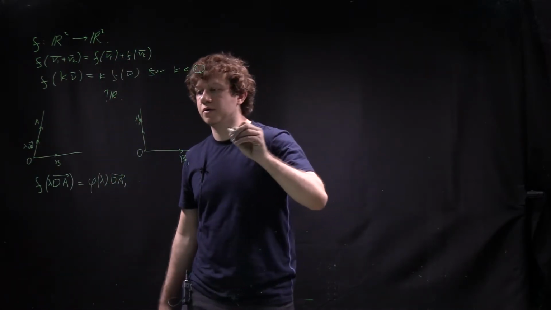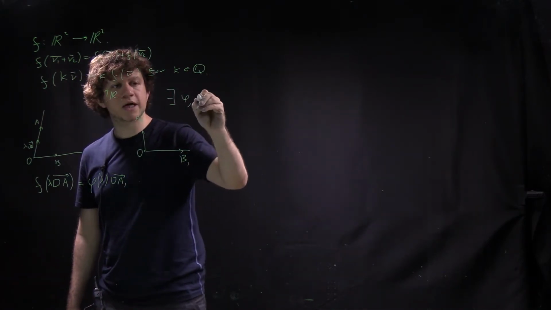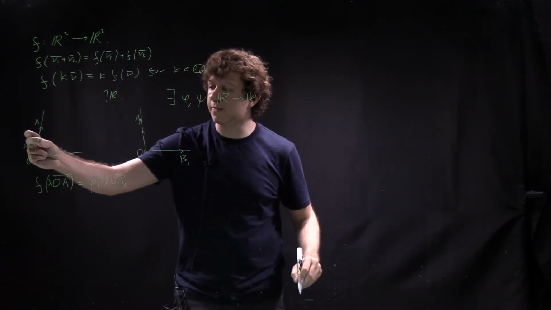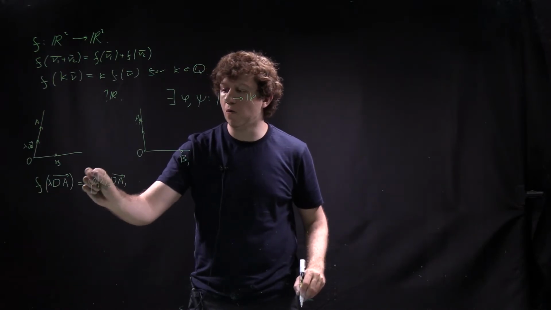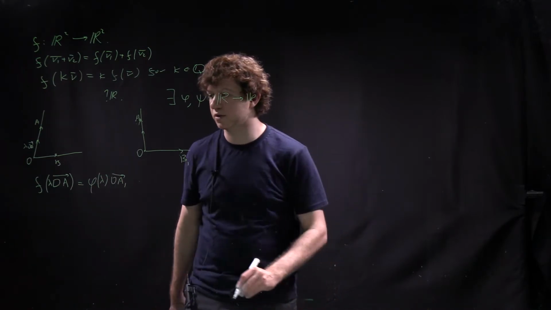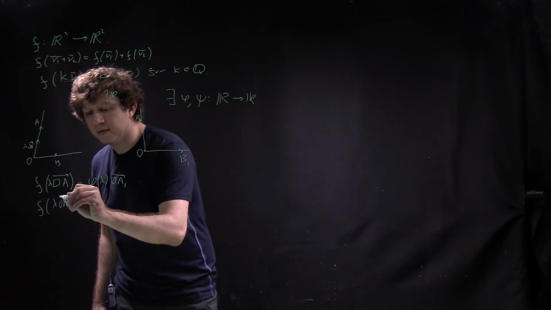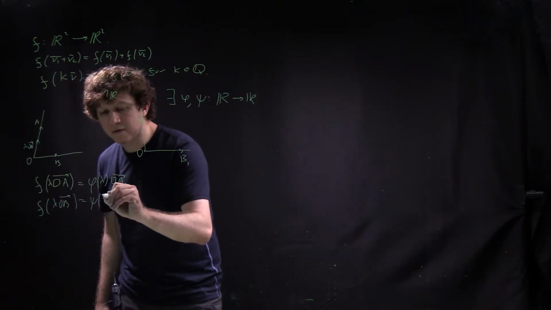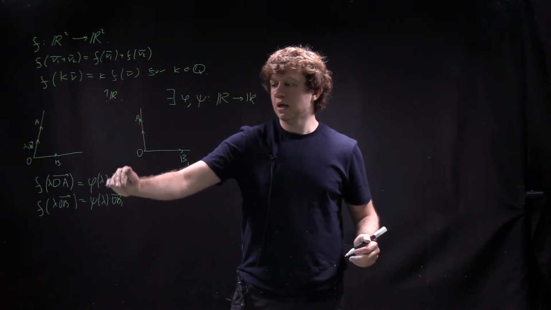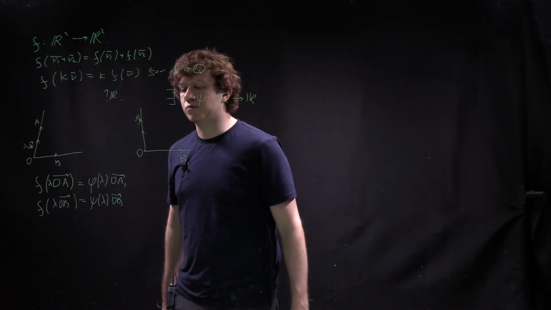So there exists a function phi and psi, which will appear in a second, from real numbers to real numbers, which tells me that if I take a vector proportional to OA, how it will be proportional to OA1, and this phi of lambda is the coefficient. And similarly, if I take f of lambda OB, I would denote by psi of lambda the corresponding function here. So this is another function. And the whole problem is that these functions are a priori some general functions. Let's see what properties they have.